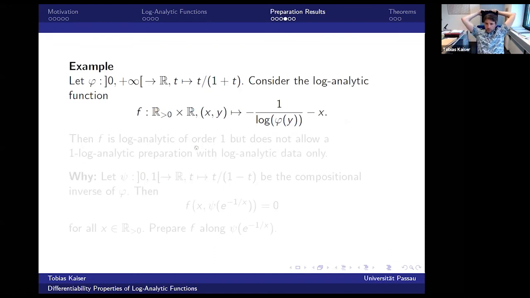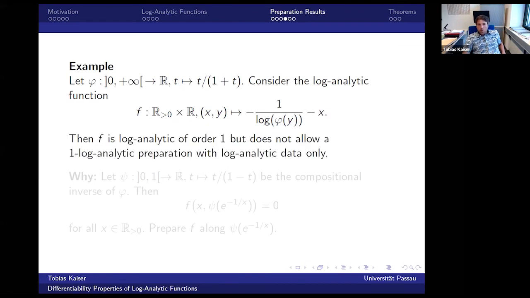Example. Consider the function phi defined on the positive real line, t is mapped to t over 1 plus t. And now I consider the following real analytic function: (x,y) is mapped to minus 1 over log phi of (y minus x). Then f is log-analytic of order 1.